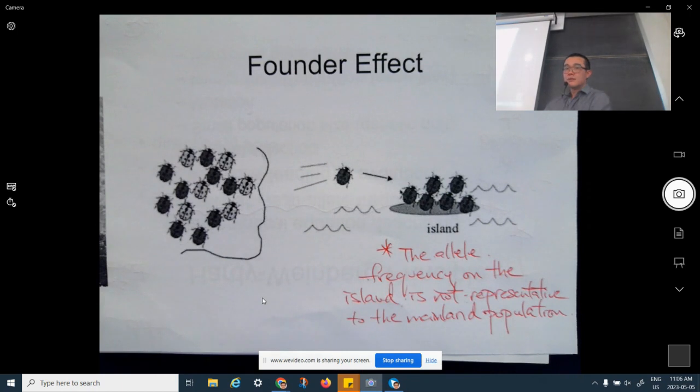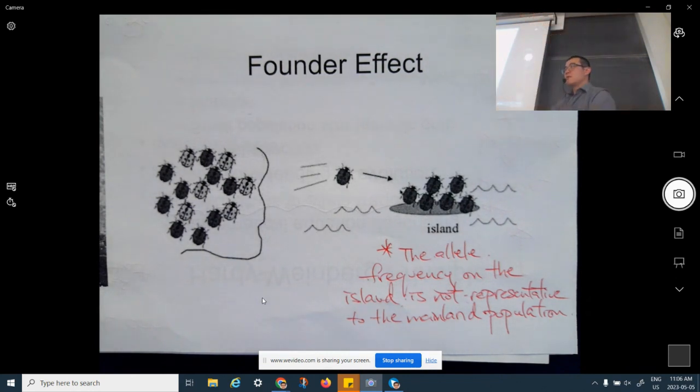Yes? Is it an example of stabilizing selection? No, we wouldn't call it stabilizing selection, simply because with stabilizing selection, you're talking about both extremes going away, right? You're having more and more in the middle.